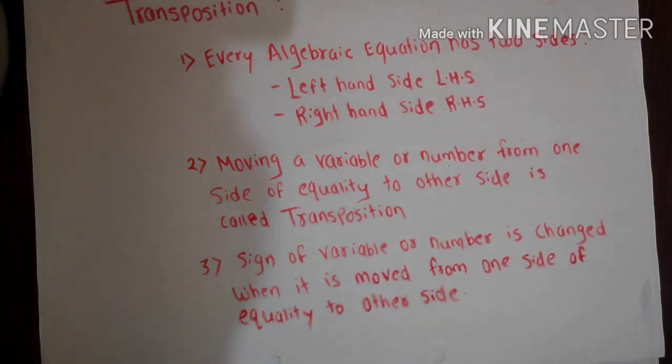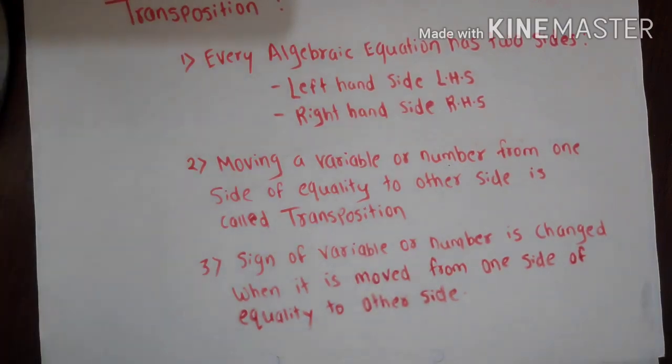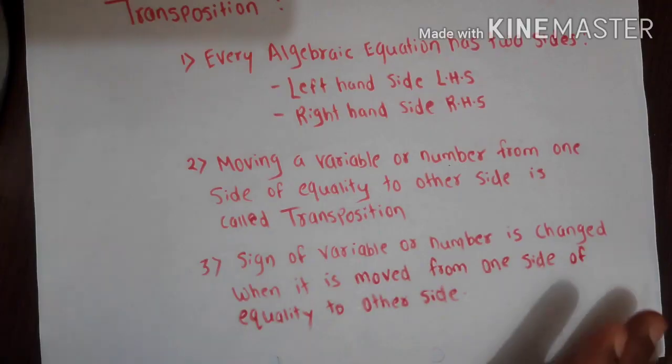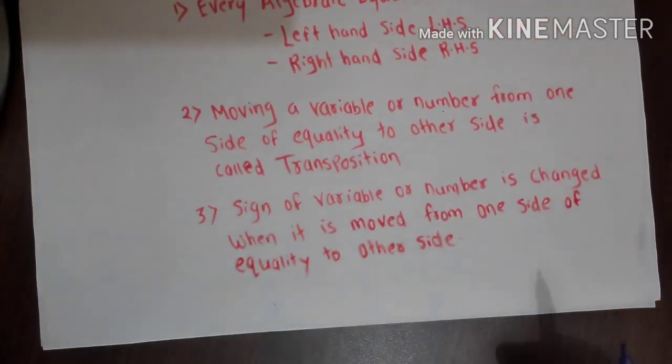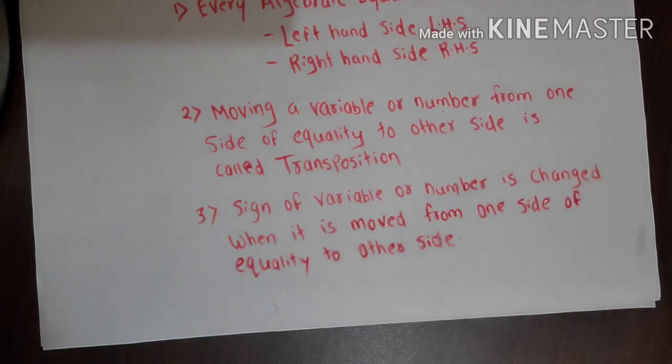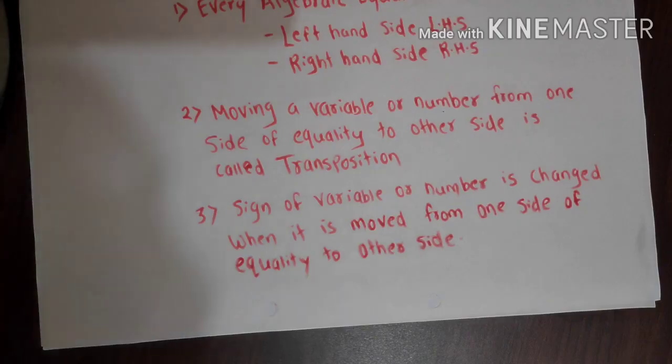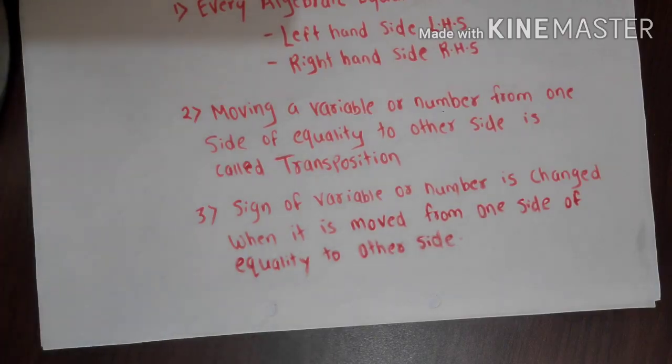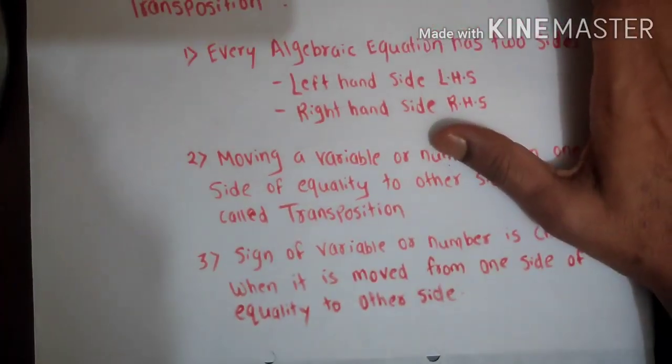And the third most important point is the sign of a variable or number is changed during transposition. That means when we move a variable or number from one side to another side, its sign will get changed. That we have seen in one example.